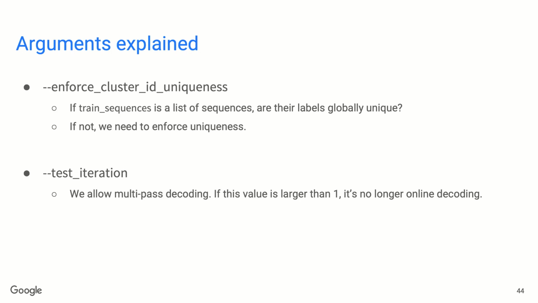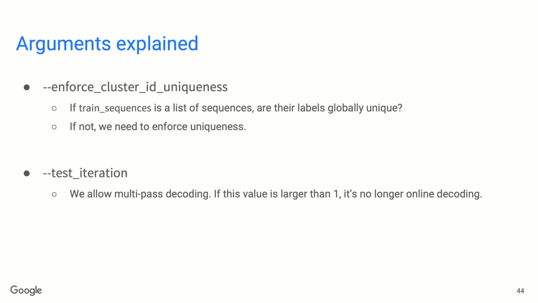If we see the label, for example, letter A in two different sequences, do they refer to the same speaker? If the answer is yes, then they already guarantee global uniqueness, so we can set this to false. But if the answer is no, they are different speakers, but with the same name across utterances, then we set this to true to make them globally unique.